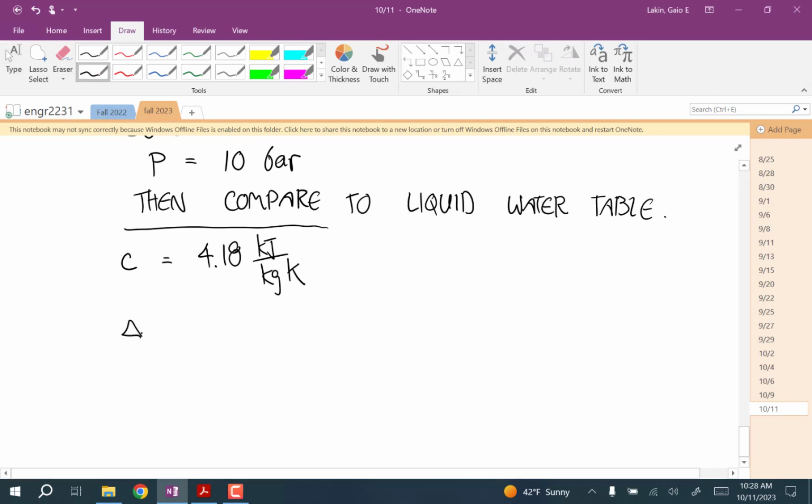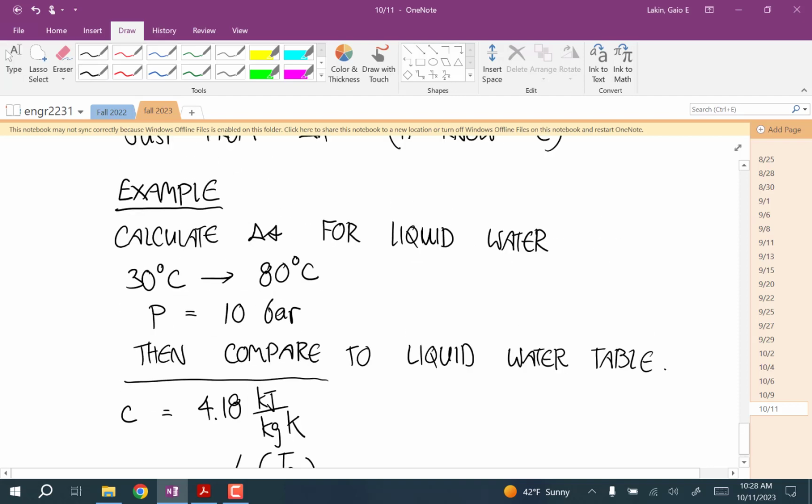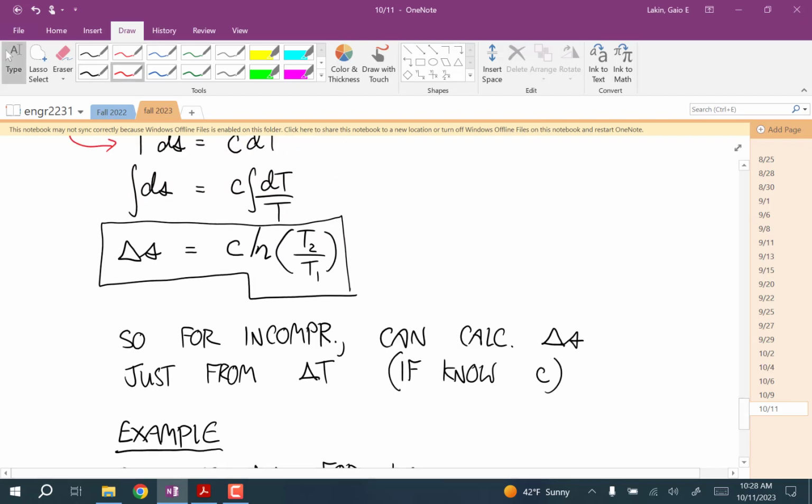So the change in specific entropy is equal to C times the natural log of the ending temperature divided by the starting temperature. Since that's not a difference in temperatures, remember that you have to use absolute temperatures for this. That's always going to be in Kelvin for us.